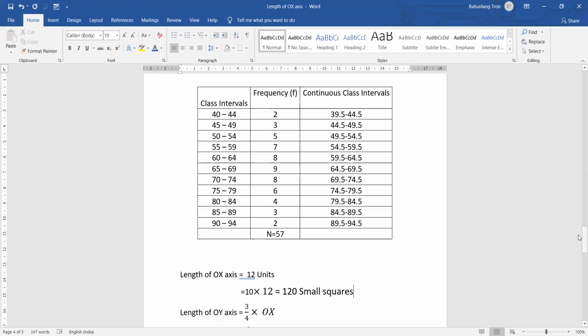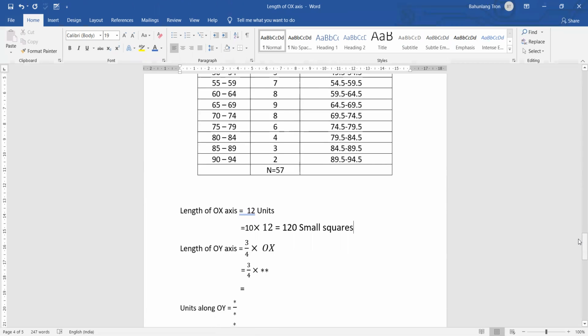Then similarly, as in the case of the frequency polygon, here also for the length of OY, in order to make the histogram proportionate, we will take 3/4 of the OX axis. So 3/4 of OX. How much is OX?